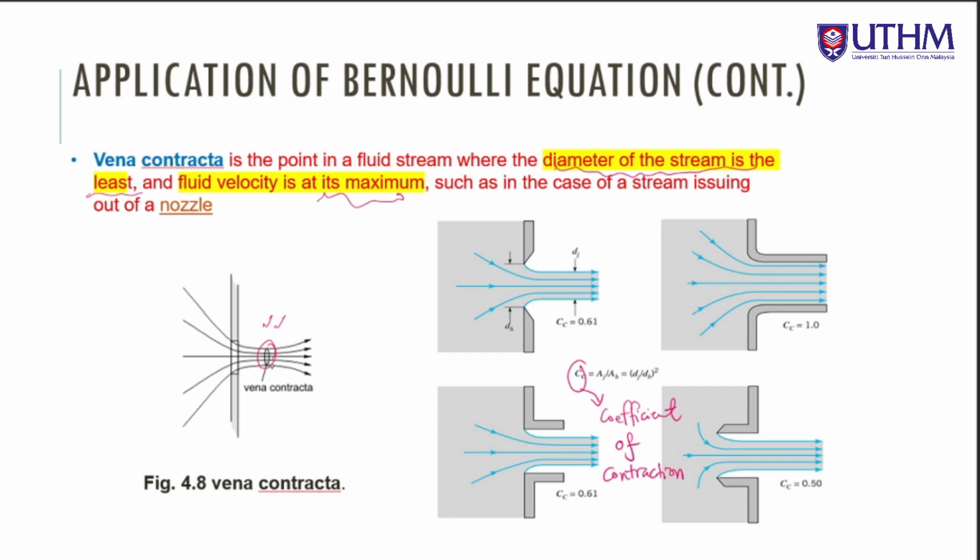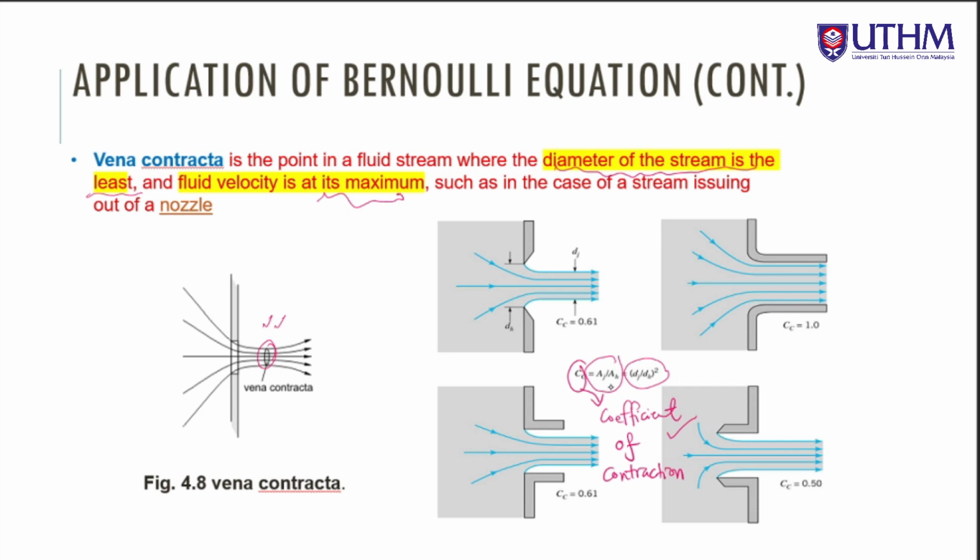So how kita calculate this vena contracta? So kita boleh refer to this coefficient of contraction. Coefficient of contraction di mana kita compare sama ada in term of area ataupun in term of diameter.